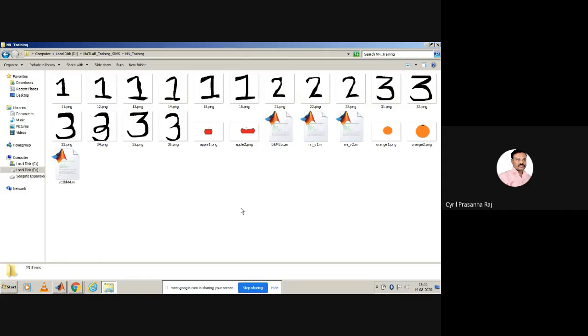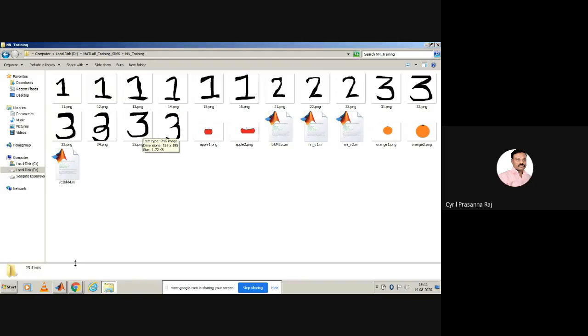I have taken around six different images for writing the numeral one, called 11.png, 12.png, 13, and so on. Then another six different ways of writing the number three, 31 to 36. We will see how to classify these images as 1 and 3.